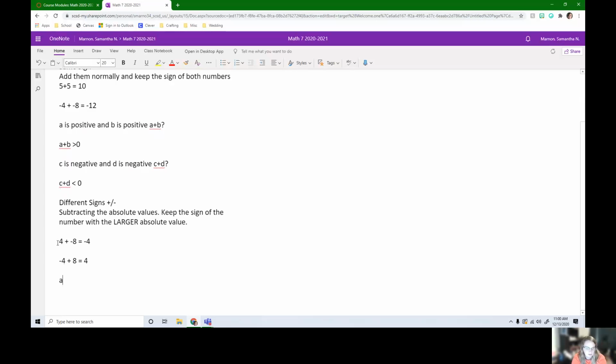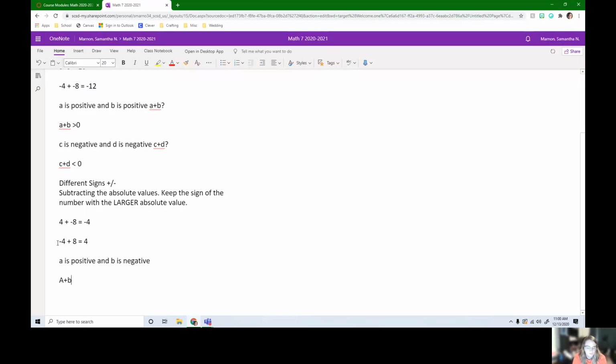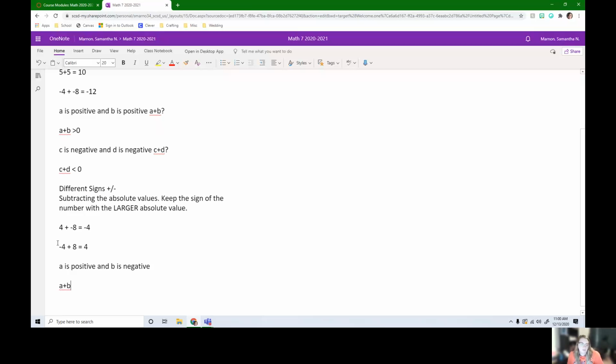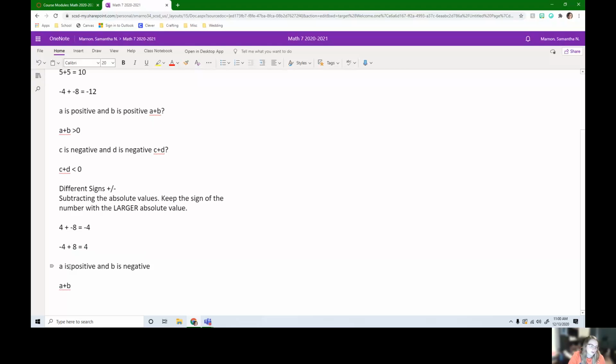So if they say A is positive and B is negative, and they ask you about A plus B, you've got to know which one is the greater absolute value. It could be greater than 0, it could be less than 0. If A is the bigger number, then it's going to be greater than 0. If B is the bigger number, it's going to be less than 0.